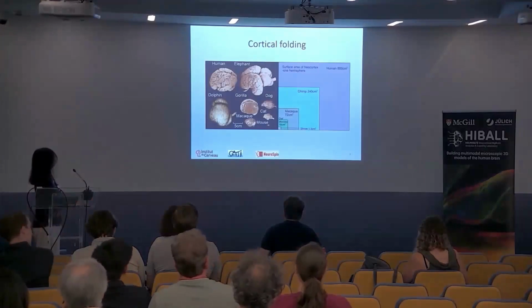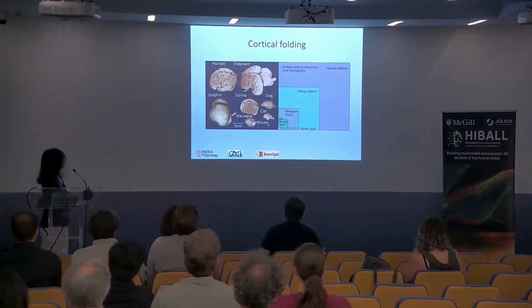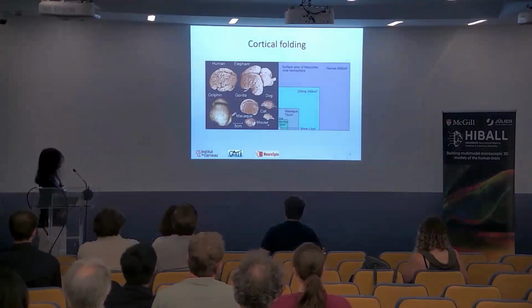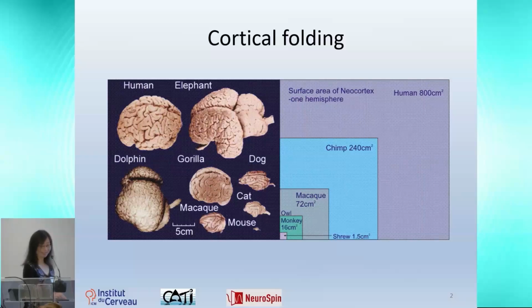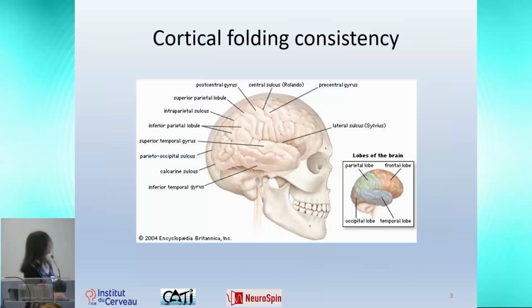So you've all seen the cortical folding maybe, and you know that the cortex folds in mammalian brains, and we're not the most folded species. And you've probably also all seen the textbook examples of the classical nomenclature of the cortical folds and the gyri.